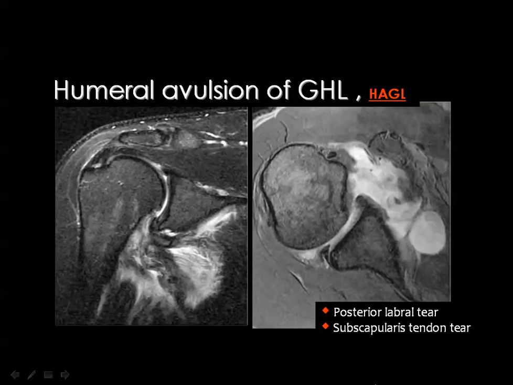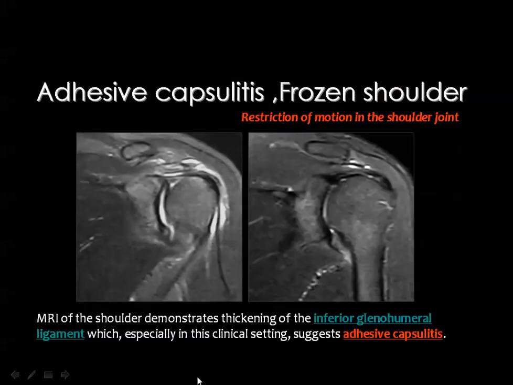Then avulsion of the inferior glenohumeral ligament, as I have said, will lead to leakage of the fluid from the joint into the soft tissues within the axilla and around the subscapularis tendon, as you can see here, and also in the axial image.